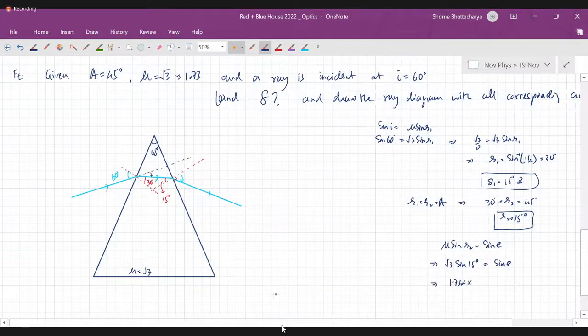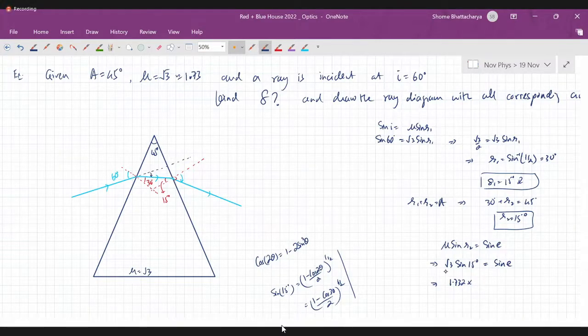But you can always find sine 15 degrees also like this, always use this formula also. But here I'll just make use of a calculator.